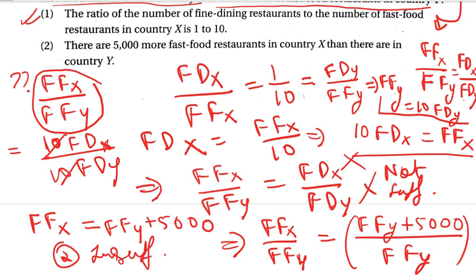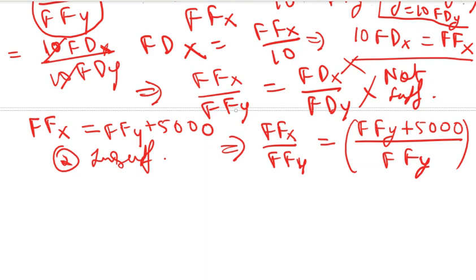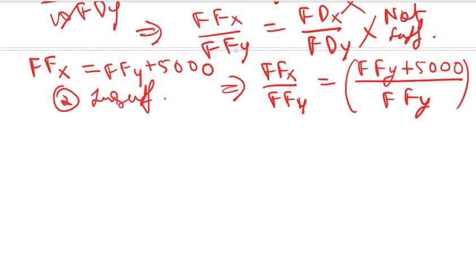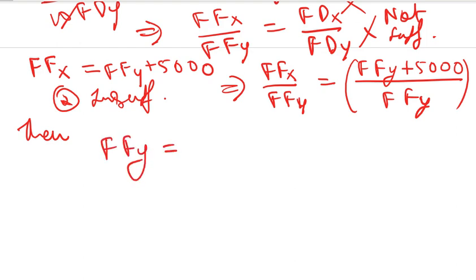Now if we combine both statements, I would like to rub this off a little bit, because I need a little more space. If you assume that I'm combining the two statements, let's check it out. If FF of Y is 5,000, then FF of X has to be 10,000.